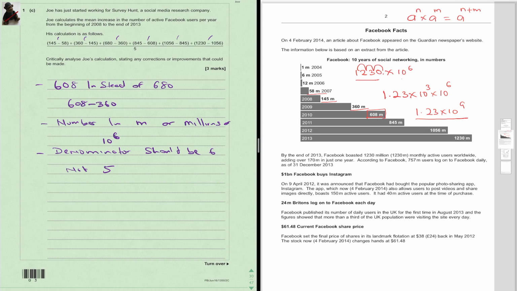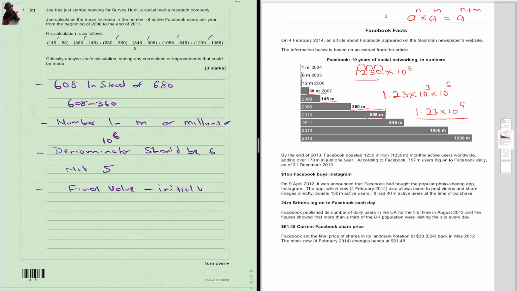Also, what can we see here? We can see that he could use a quicker way to do the calculation by using the final value minus initial value and then divided by n.